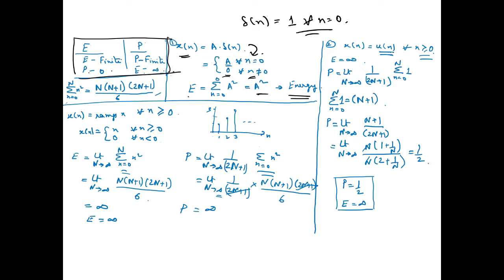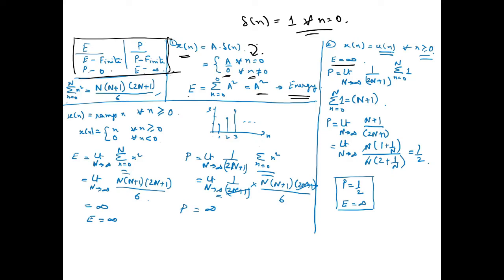Then let us take the next one. x[n] equals u[n] for n greater than or equal to 0. It is a step signal. So energy is equal to infinite, because u[n] is an unlimited series and it spans up to infinity. It starts from 0 and spans up to infinity. So obviously energy would be infinite.